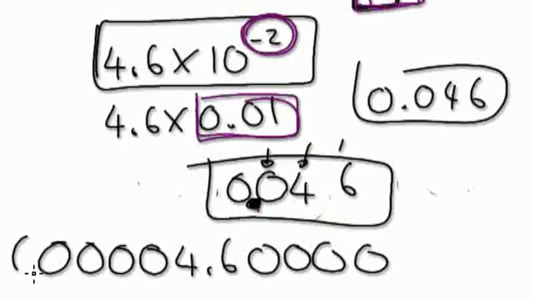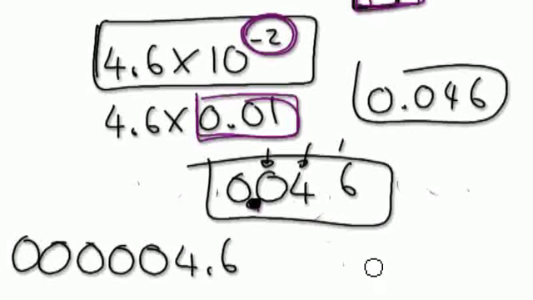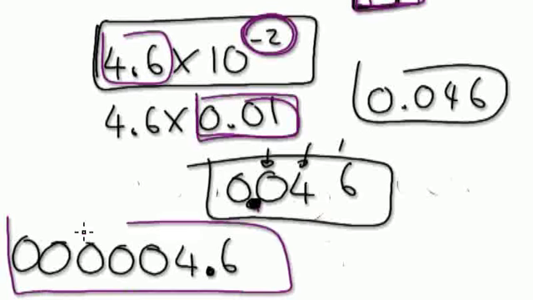Just bear with me. It doesn't make sense now, but as we go on, it will make sense. We don't actually need these because we are going in the opposite direction. When it's to the minus, just follow me for the time being. So now we are visualizing 4.6 as this whole thing here.